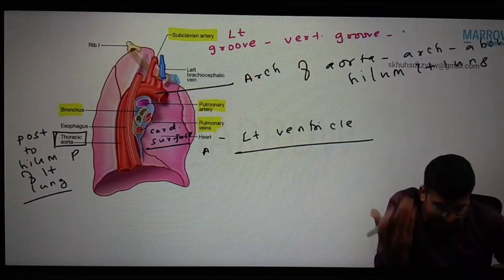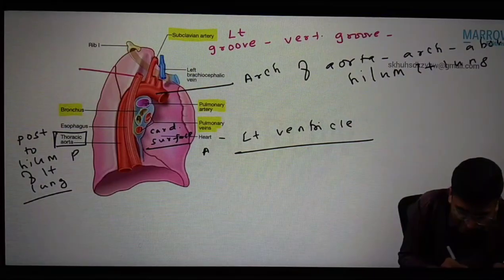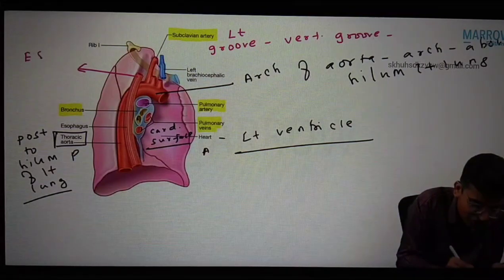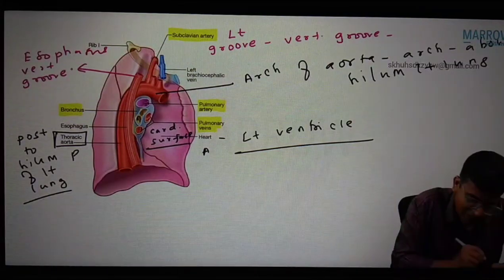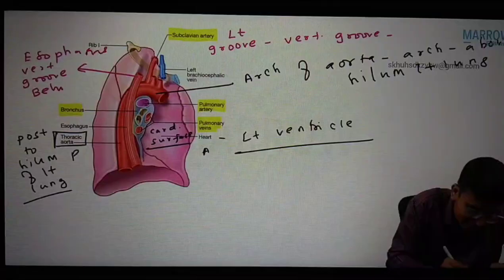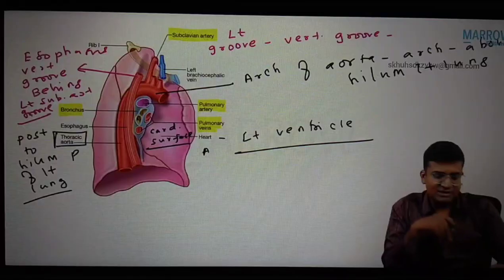Okay. Now, behind the groove for left subclavian artery, we have the impression for esophagus. So, the esophageal impression, again it is a vertical groove, behind the left subclavian artery groove. Okay, right.